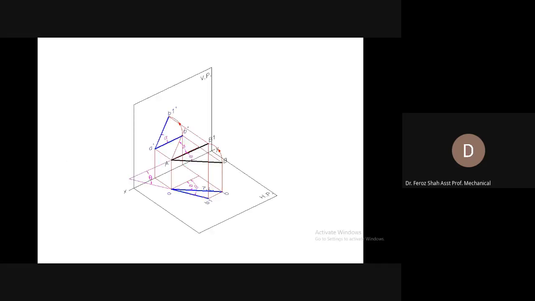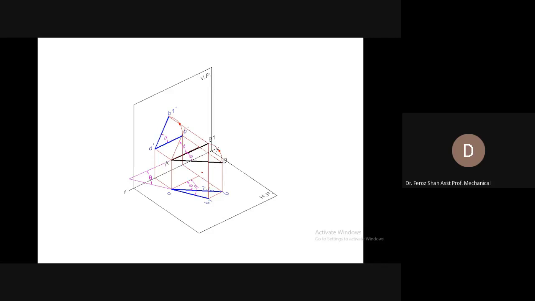And its top view, the position of the top view and the inclination of the top view, is dependent on the angle theta.